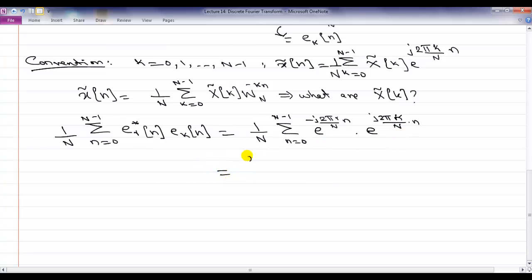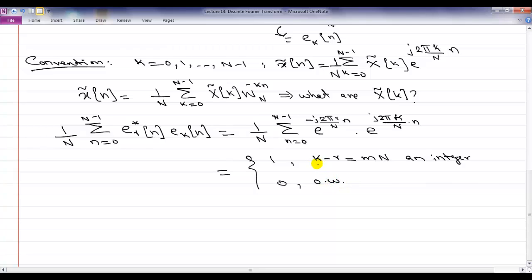Well, it turns out that this is equal to 1 as long as k minus r is equal to some multiple of the period, an integer, okay, and it's 0 otherwise.